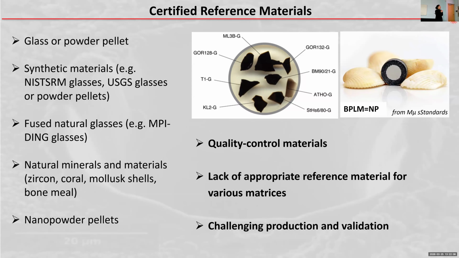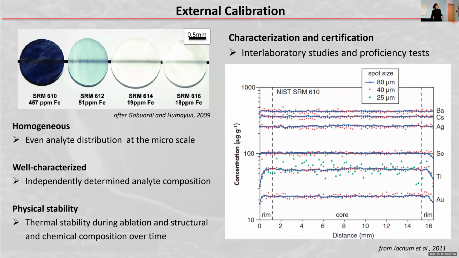For biological samples, for instance, they try to combine, let's say, mussel shells and make a powder pellet specifically for these kinds of samples. And it is very challenging, especially since it has to be used, even if not as a primary standard material, as a quality control material. And there is a whole industry behind it.